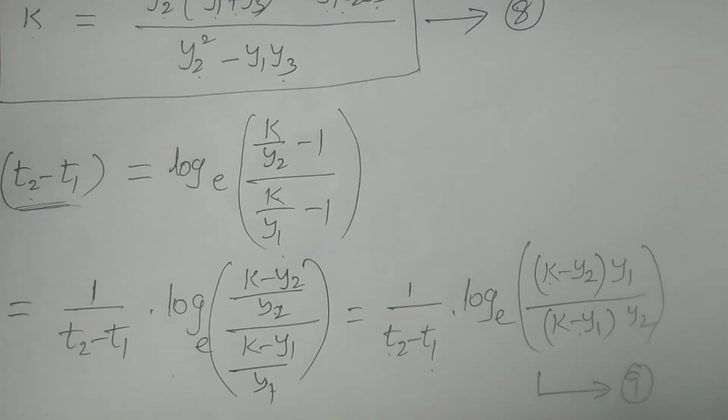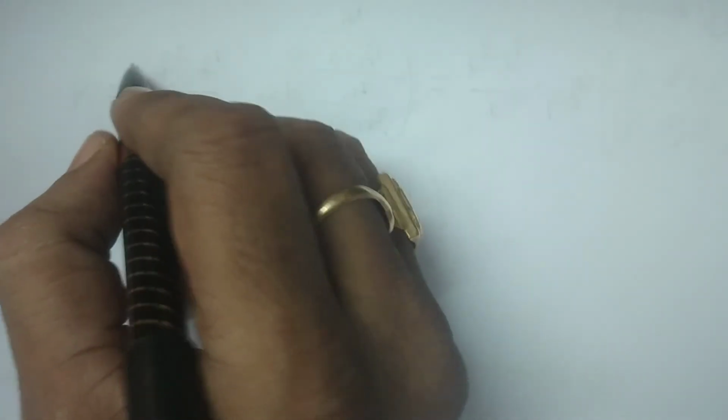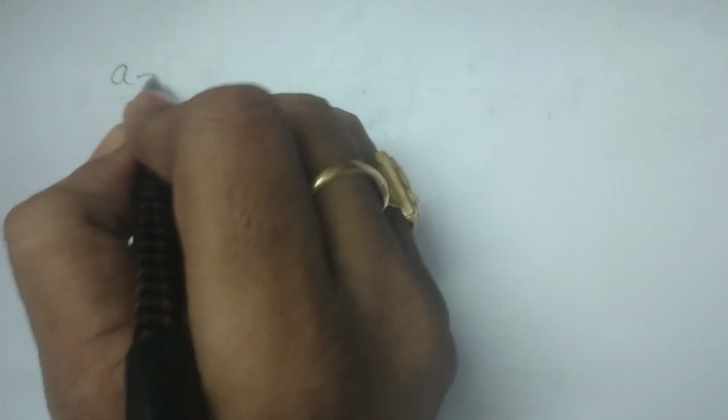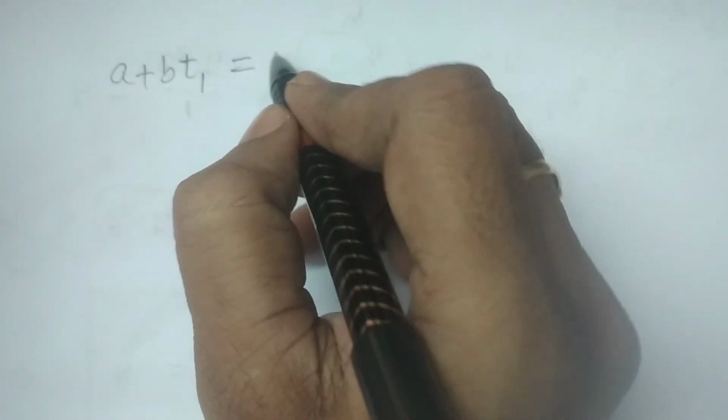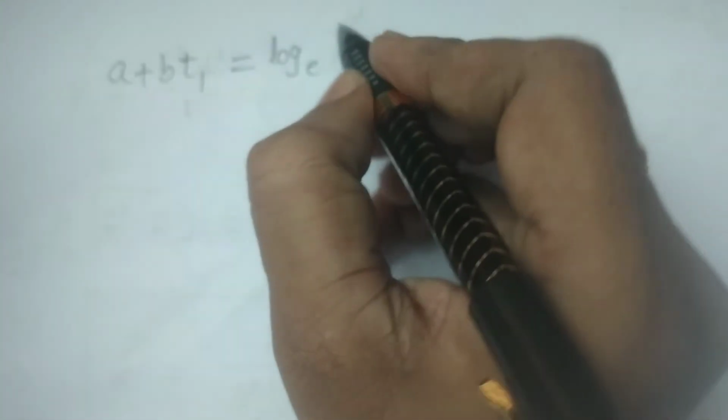Now we have to obtain a. For this I consider one more equation, which is equation 3. Going back, a plus b t1 is equal to log to the base e of (k by y1 minus 1).